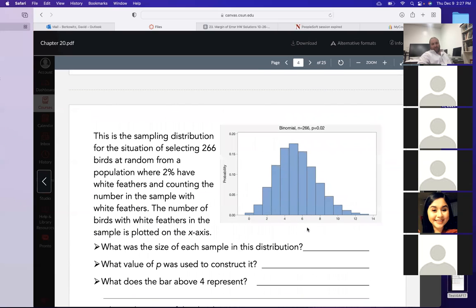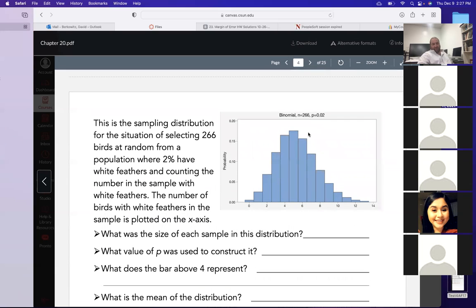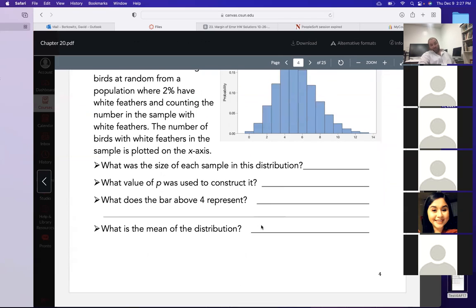So if I make a simulation of samples of size 266 under the assumption of the null hypothesis, the question is, how likely is it that I got that result? If you look at it, it's very unlikely to get 16% because it's way off here. It's off the chart. If you get something somewhere here in the middle, I'm not going to question this. If you get something way on the edges, I do question that.